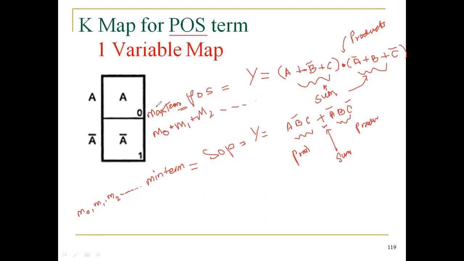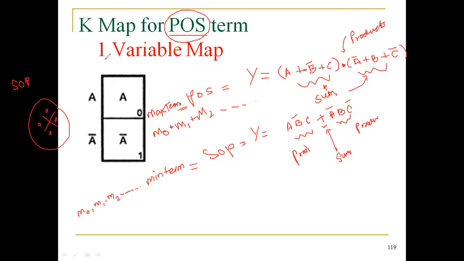This is another important thing you should keep in mind, because till the last slide everything is based upon SOP. Now we are going to discuss all things for POS, product of sums.